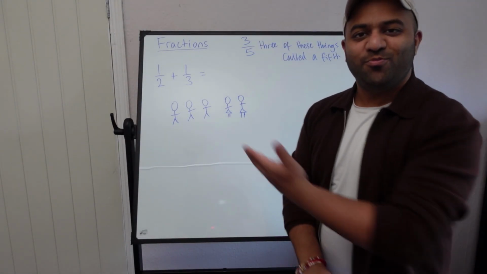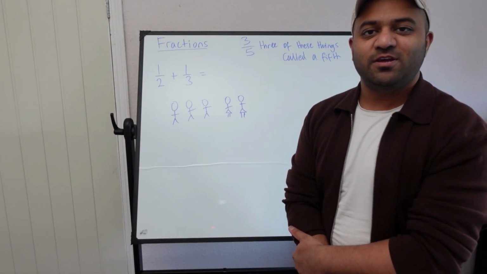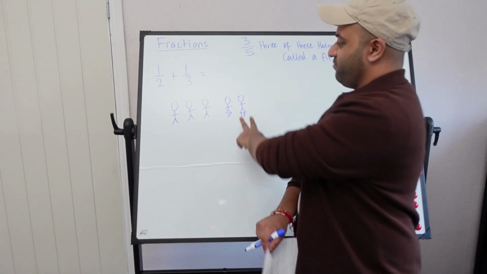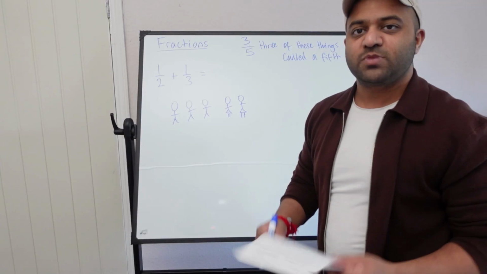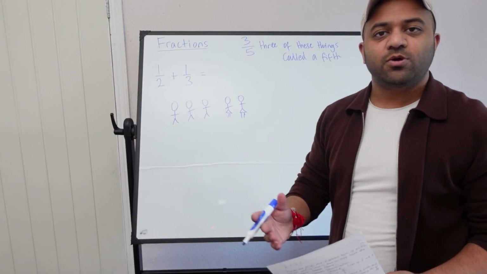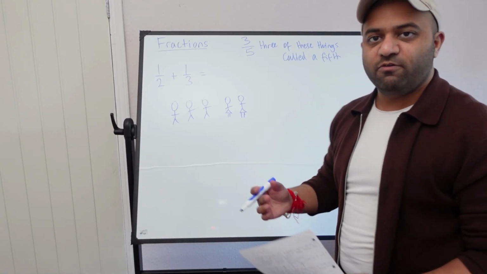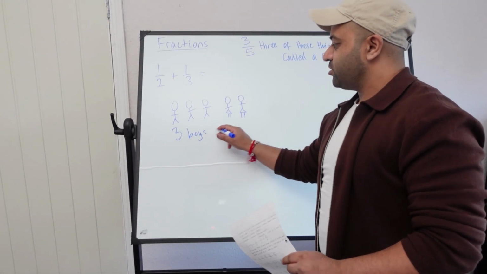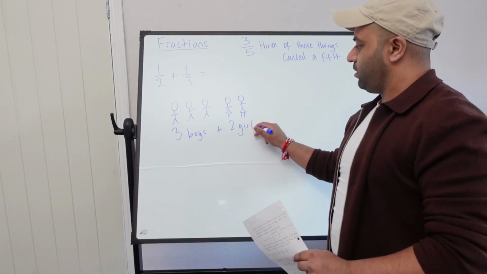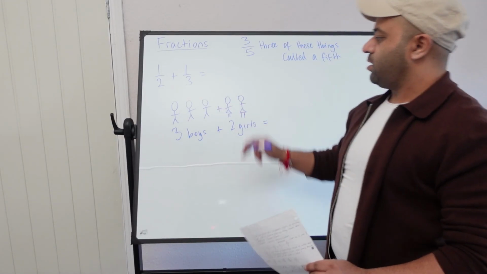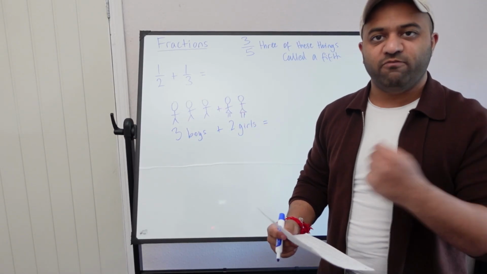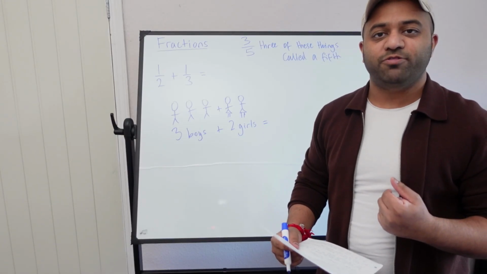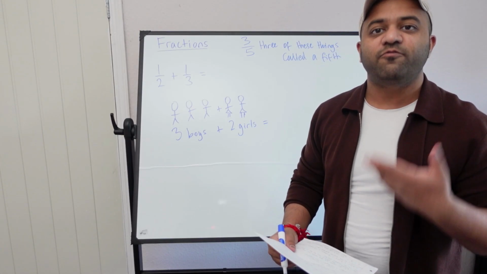So on the board I've drawn stick figures, with 3 of them representing boys and 2 of them representing girls. So if I were to then ask what is the total of these 3 boys and these 2 girls, what would the total of them be? Now, many of you will be shouting out or thinking of the answer of 5.